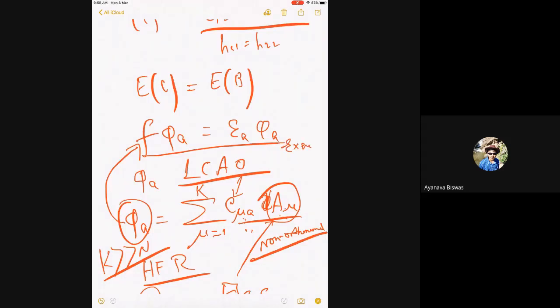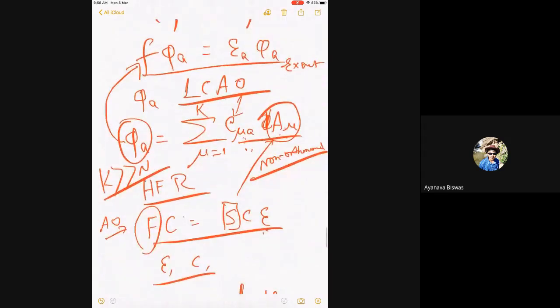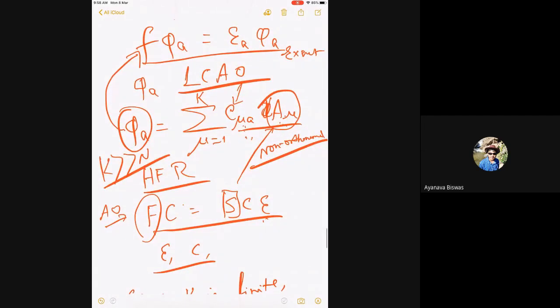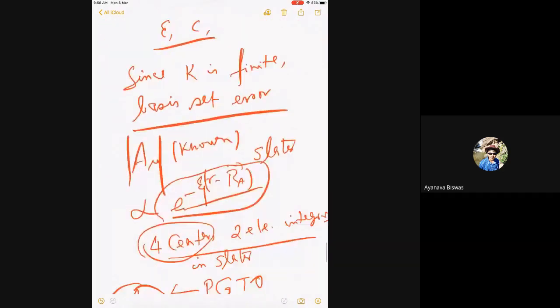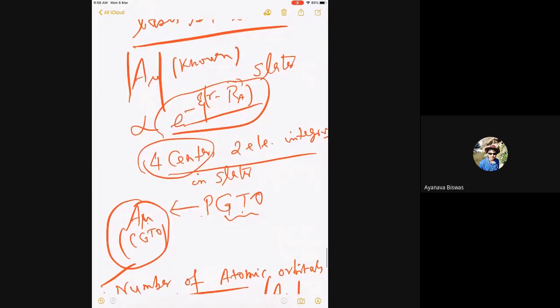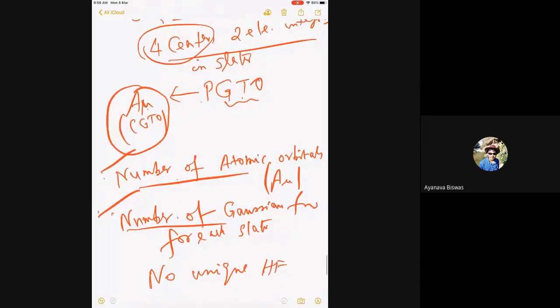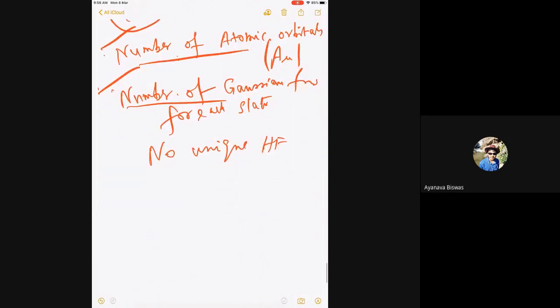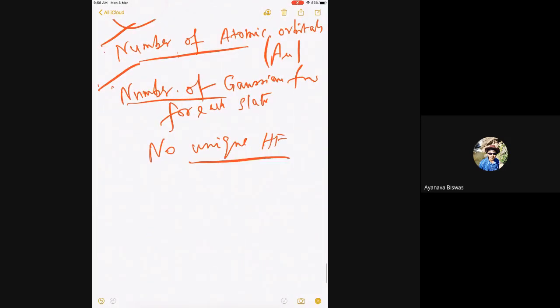Remember, up to here, it was exact. Approximations to Hartree-Fock start here. I use k number of atomic orbitals, then I use a Gaussian expansion for each atomic orbital. So these are two levels of approximation, and that means there is no unique Hartree-Fock. If I make this infinity, then this will become exact. Is it clear?